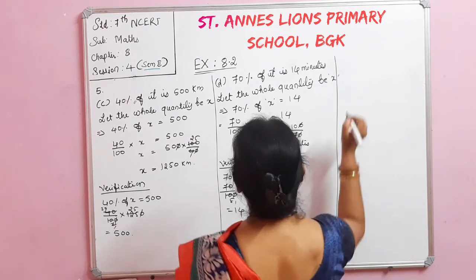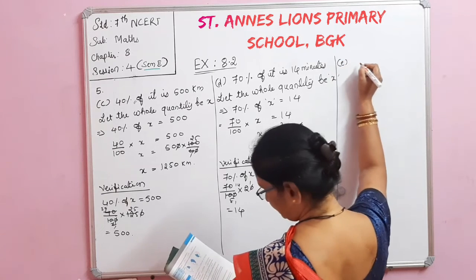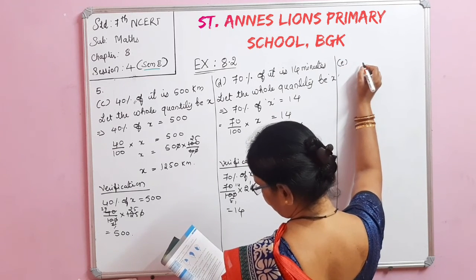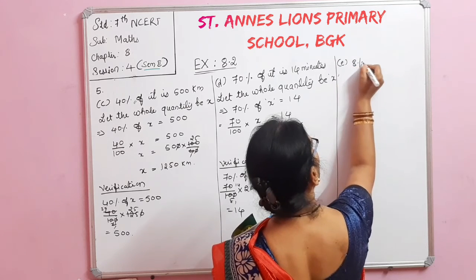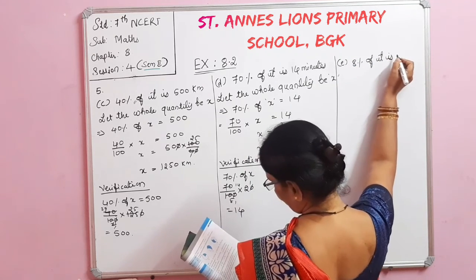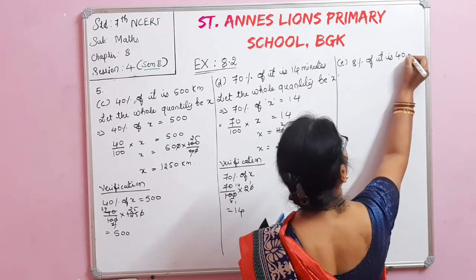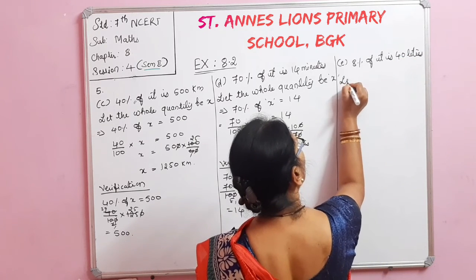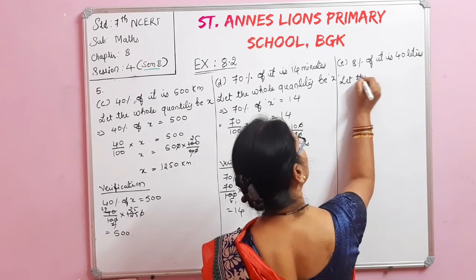So the last problem in the fifth main is 8% of it is 40 liters. Okay.